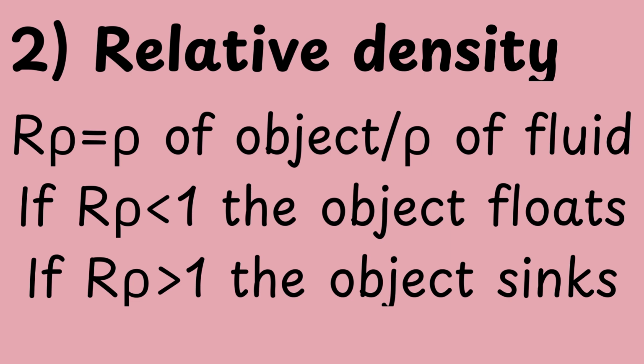So relative density is also comparing. You have two densities you're comparing. If you say you are relative sisters, it is two sisters we're comparing. Relative density, it is two densities we are comparing.